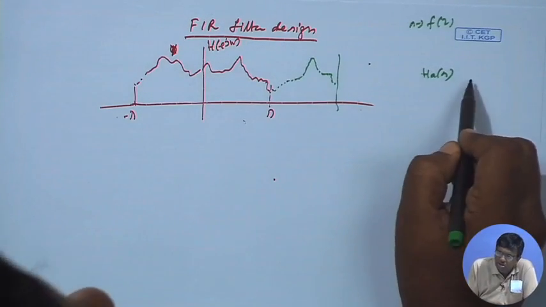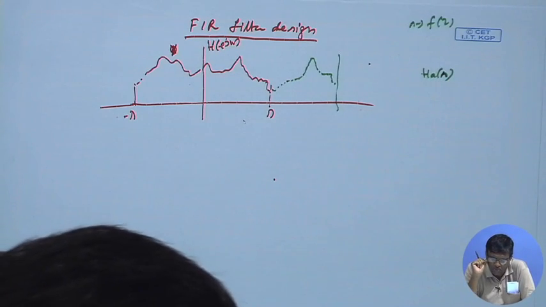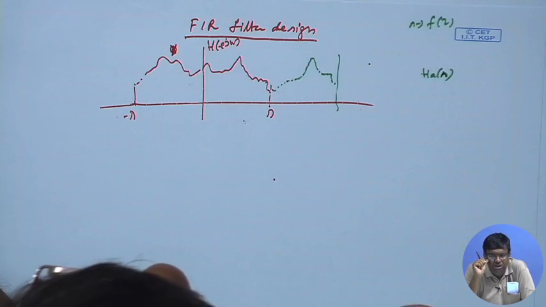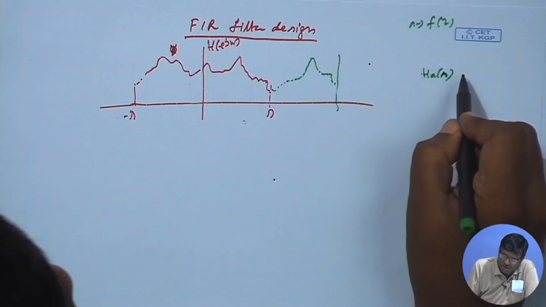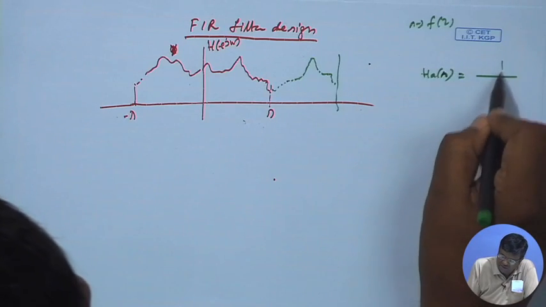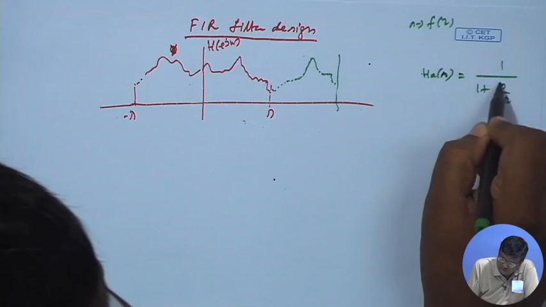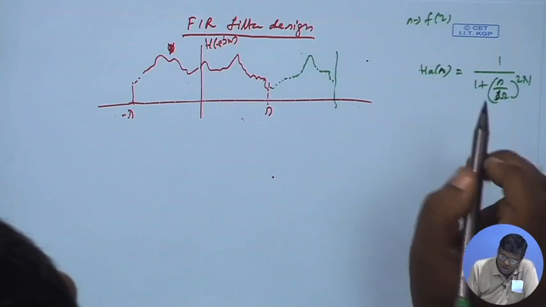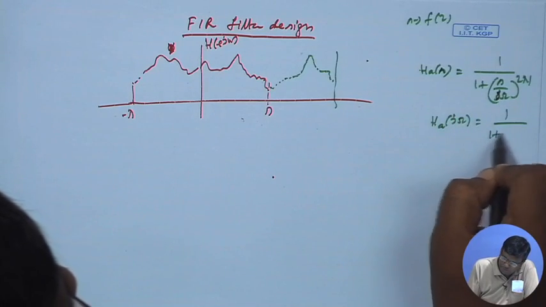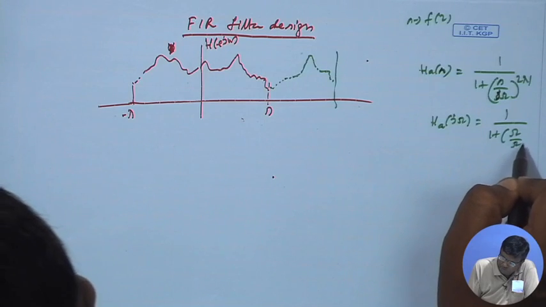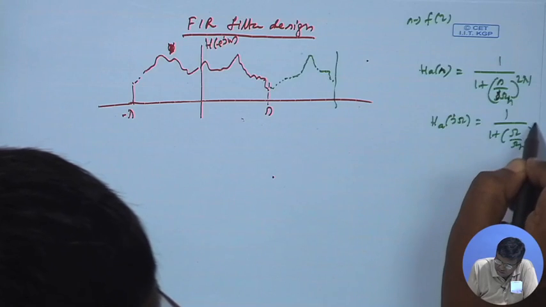But you see, while doing so, we can design some filters like Butterworth filter, Chebyshev filter, Bessel, Thomson, all that. But those filters have got very specific form, of this kind, S by or equivalently, suppose this is omega h by 2n.